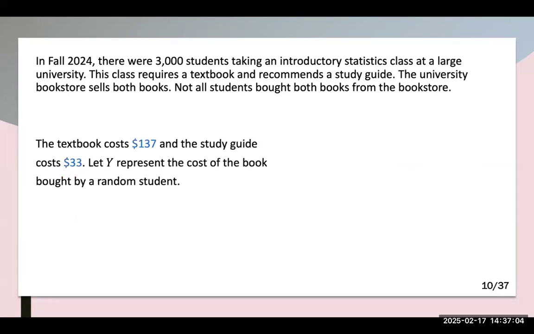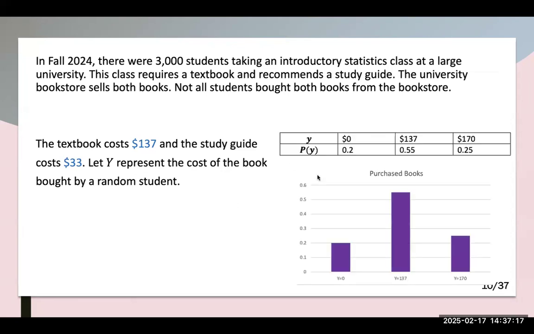Now let's suppose that the textbook costs $137 and the study guide costs $33. Let Y represent the cost of the books bought by a random student. Well, if we think of it this way, we can say that the range of Y is 0, 137, or 170. Remember that they're not going to buy the study guide by itself.